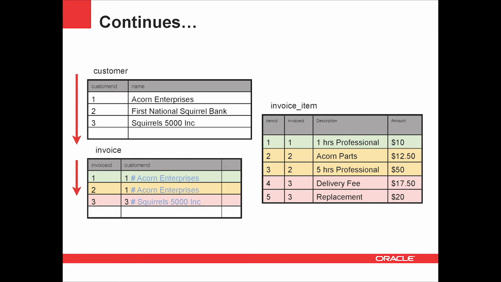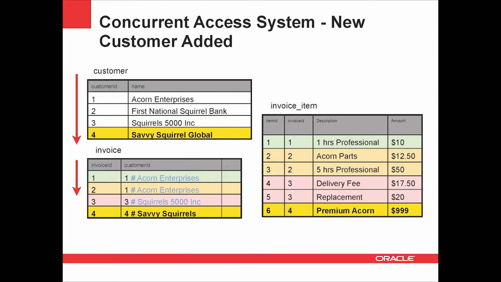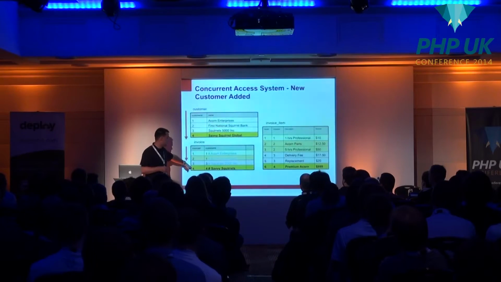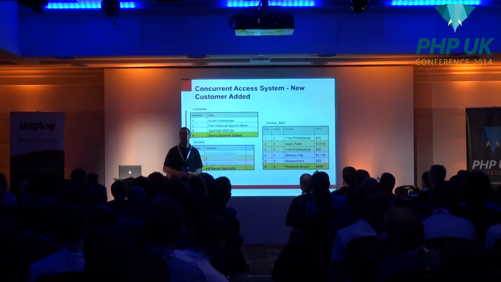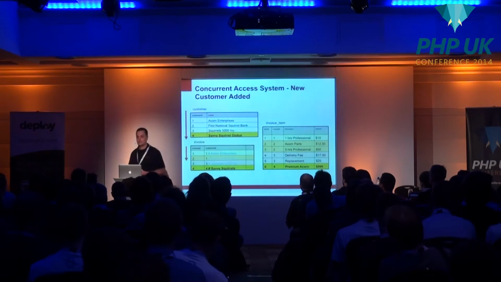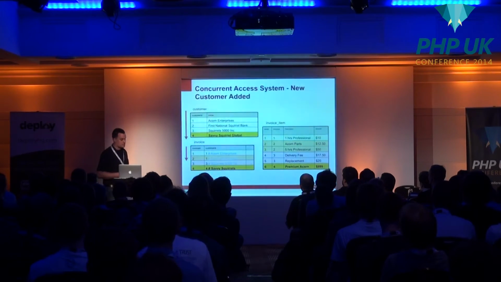While I'm reading the invoice table, somebody else does a modification, and they insert a new customer, customer number 4, and they create an invoice for customer number 4 that has some invoice items associated with it. So I'd already backed up the customer table.